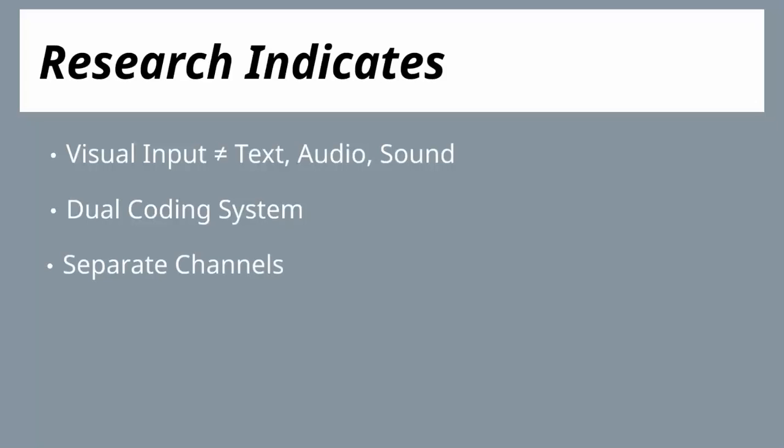Recent technological advances through functional magnetic resonance imaging scans confirm a dual coding system, through which visuals and text or auditory input are processed in separate channels, presenting the potential for simultaneous augmentation of learning. The bottom line is that students learning from well-designed combinations of visuals and text learn more than students who only use text.